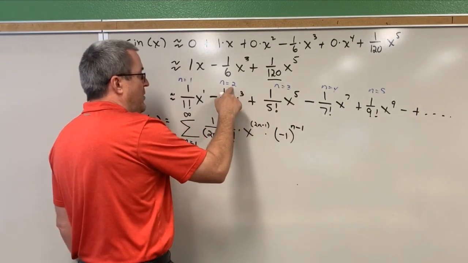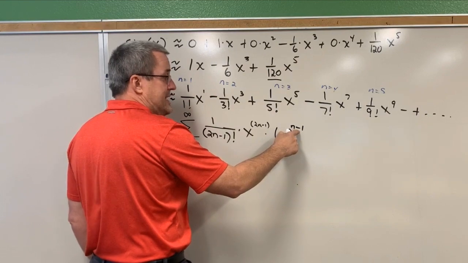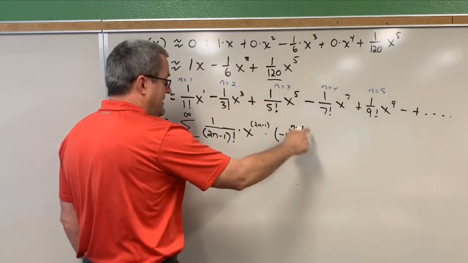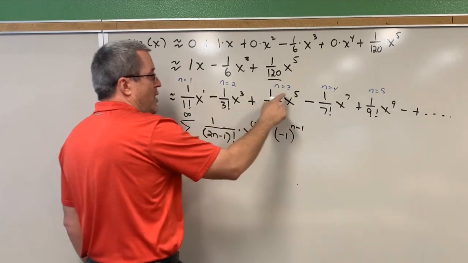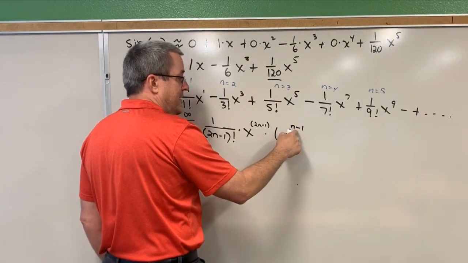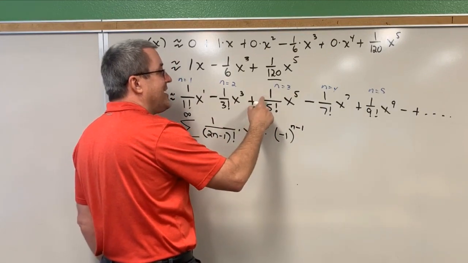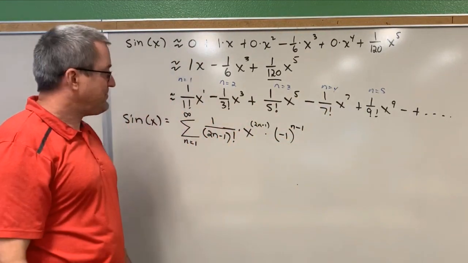Here's what I mean. When n is 2, 2 minus 1 is 1. Negative 1 to the 1 is negative 1. All this is negative as it should be. When n is 3, 3 minus 1 is 2. Negative 1 squared is positive 1. All of this is positive as it should be. And you can check that with all of them.